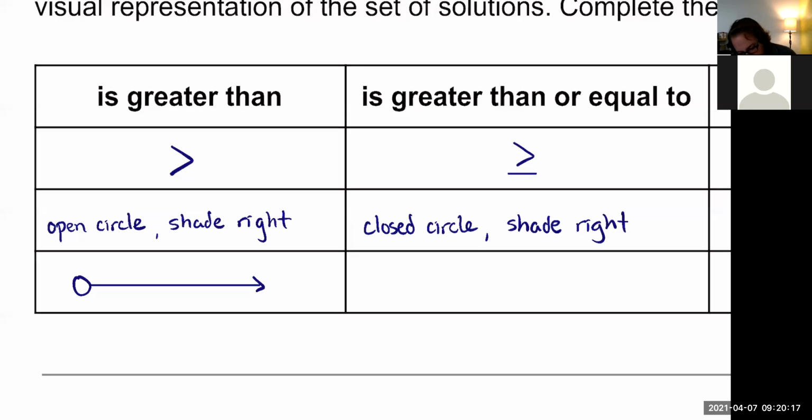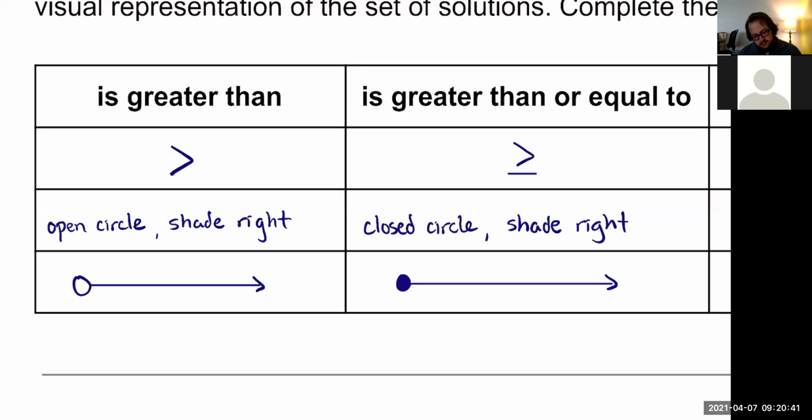I say closed circle, that's typically how it's described, but for most people, usually they also describe it as a filled in circle or a shaded circle. But everything would still be included to the right. So those are our first 2 inequality signs.